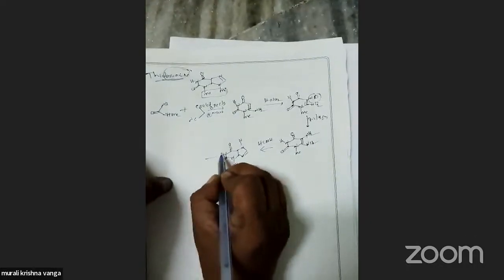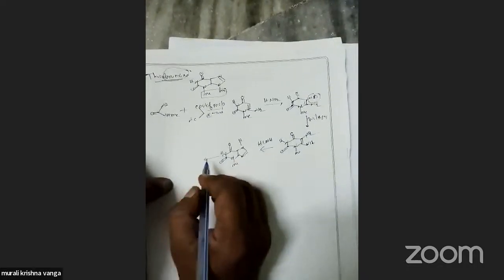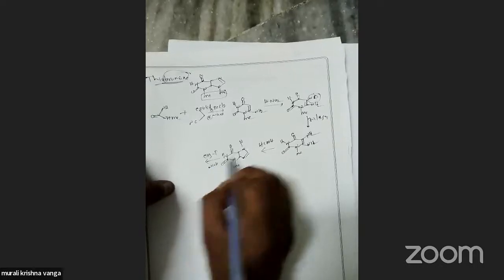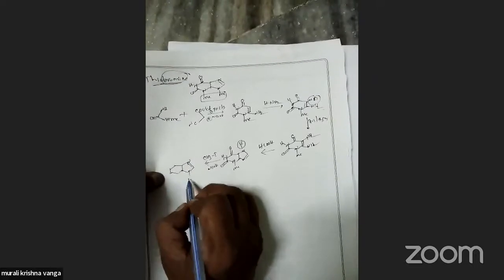It is involved with methylation with sodium hydroxide. This hydrogen undergoes methylation. This is theobromine. Okay, in theobromine, two methyls are at adjacent positions. Next one is theophylline.